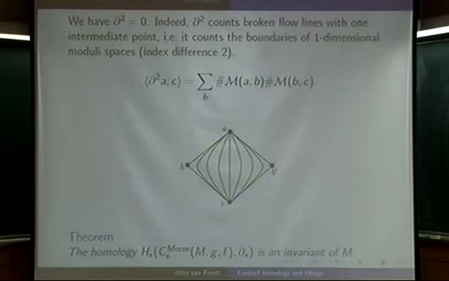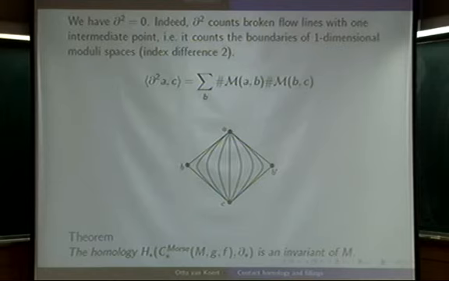Now I can look at the boundary of this one-dimensional moduli space, and there I will find broken gradient trajectories, which are counted exactly by d squared. That's the idea, because one-dimensional manifolds are either S1 or a closed interval. And so mod 2, the number of boundary components is always 0. So that's why d squared is 0.